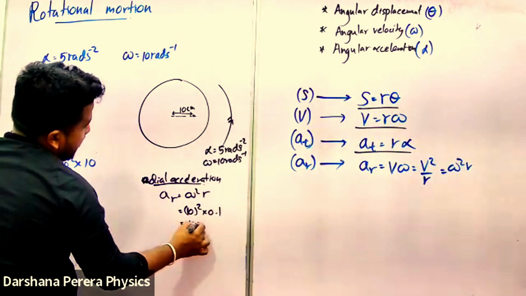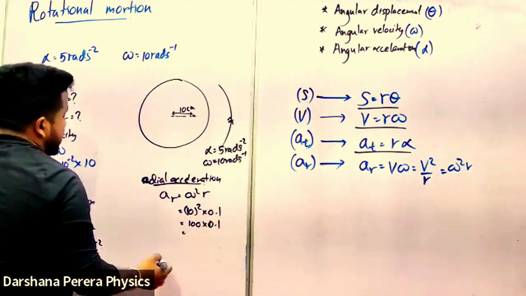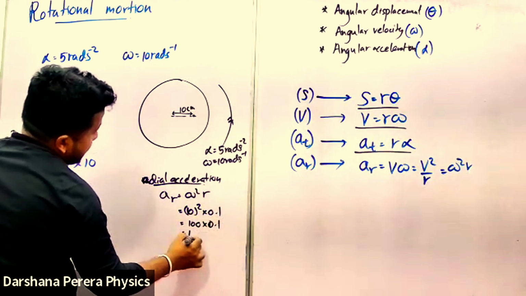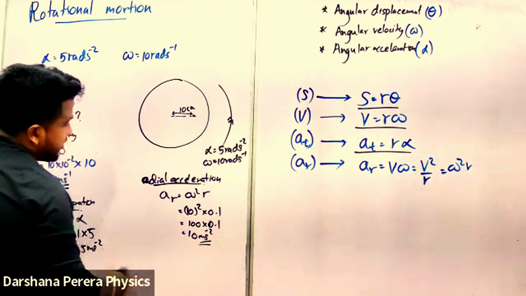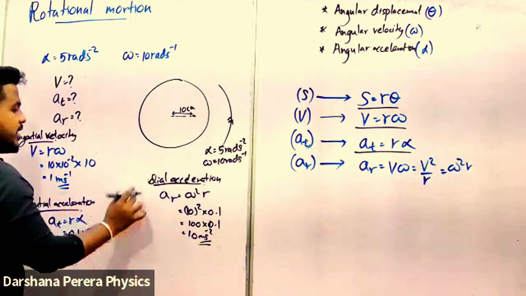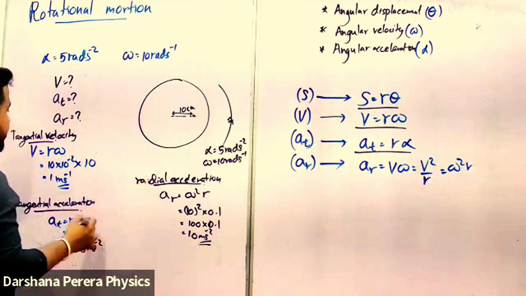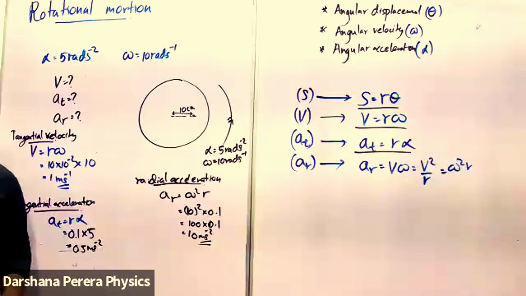That means 100 into 0.1, that means 10 m s^-2. These are the parameters: angular velocity, tangential velocity, tangential acceleration, and the radial acceleration.